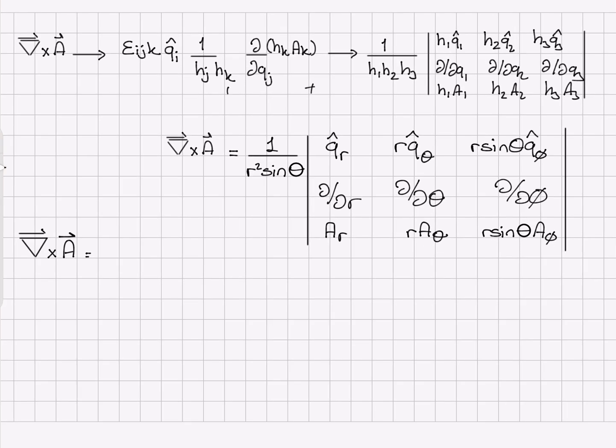So we can do this with respect to the first row and start with the q_r hat component. So we have del_theta of r sine theta A_phi minus del_phi of r A_theta, times 1 over r squared sine theta, in the q_r hat direction.